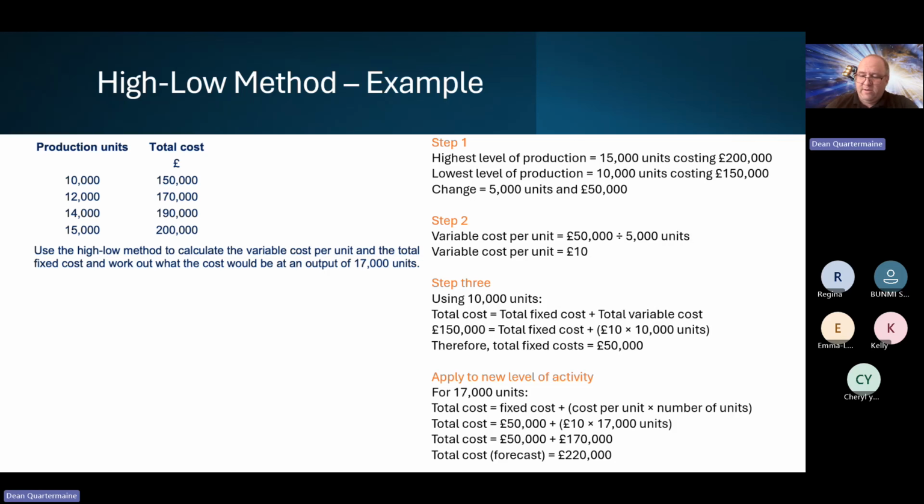Quite simply, 50,000, the fixed cost, plus 10 times 17,000. So £50,000 fixed cost and £170,000 total variable cost. Therefore, the total forecasted cost at 17,000 units is £220,000.